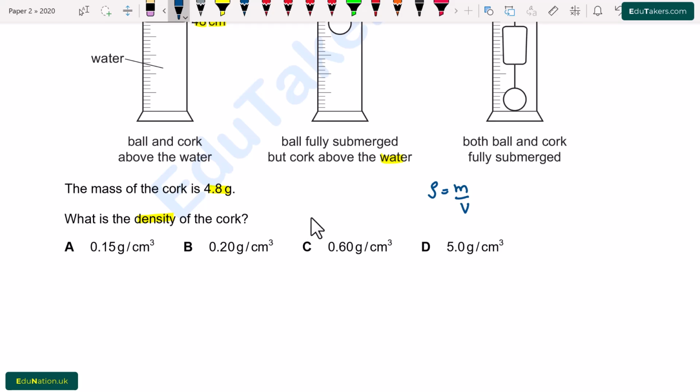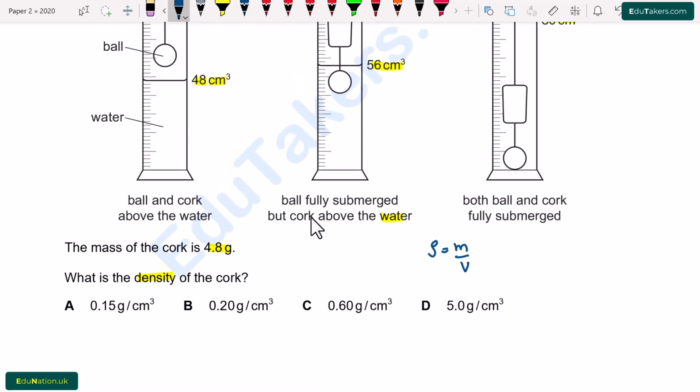So first of all, the volume of the water and ball is equal to 56 cubic centimeter.